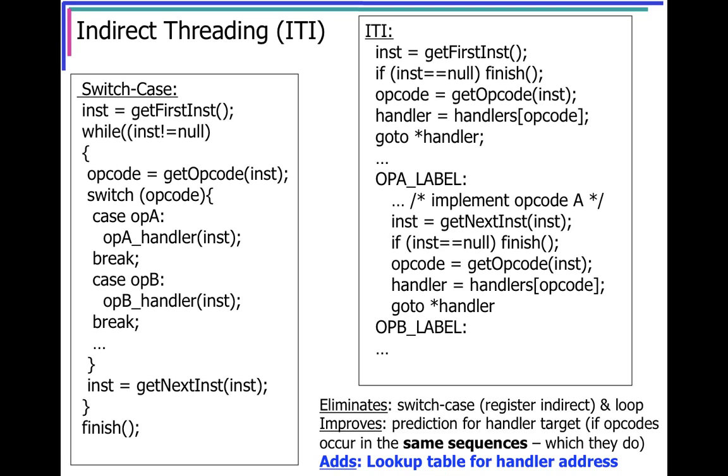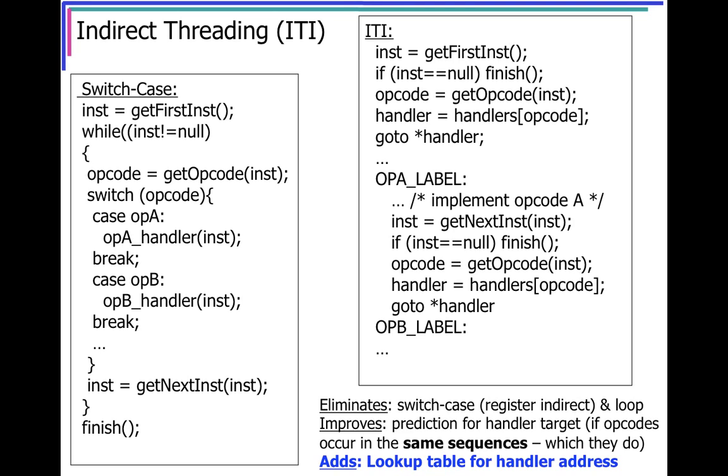Once we've done that, we jump to the address that the handler returns. An example is in the op-a label down below.